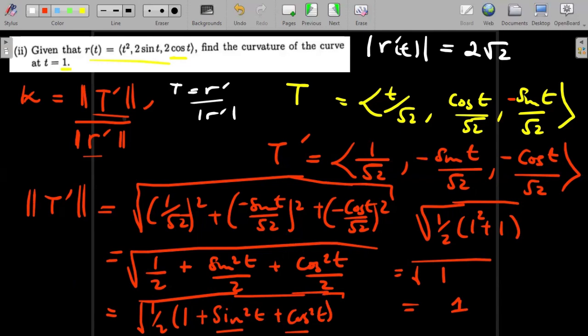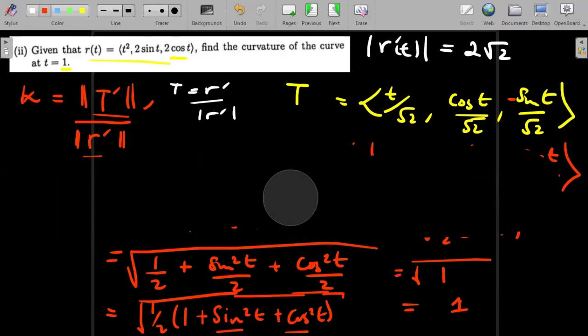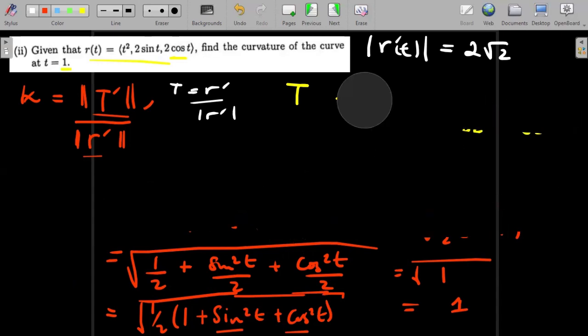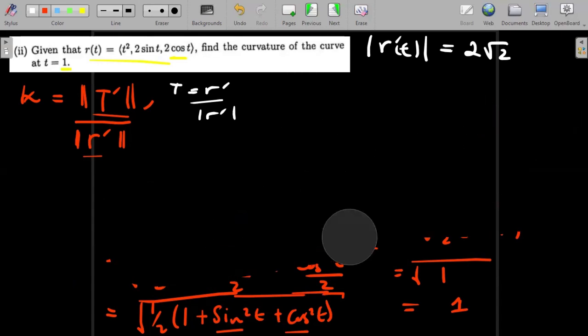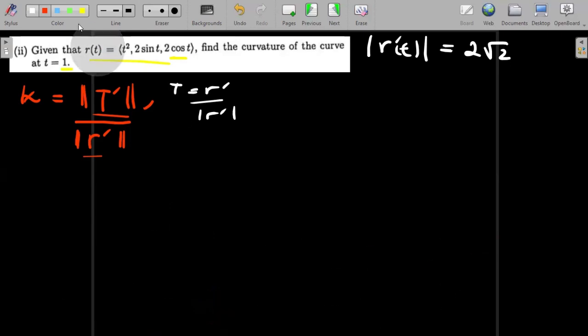So from there, I have what I need. The top part and the bottom part, I have all of them, so I can compute my curvature. Let me erase this. So I found 1 there, which means the magnitude of T prime is equal to 1.